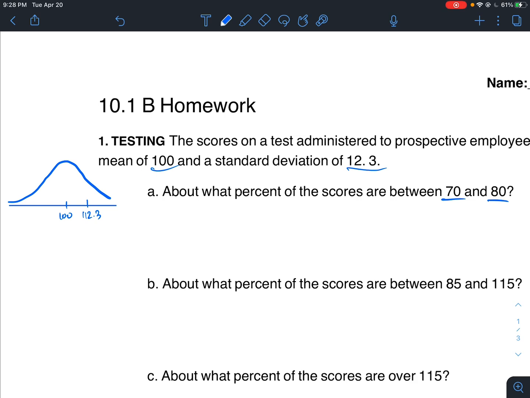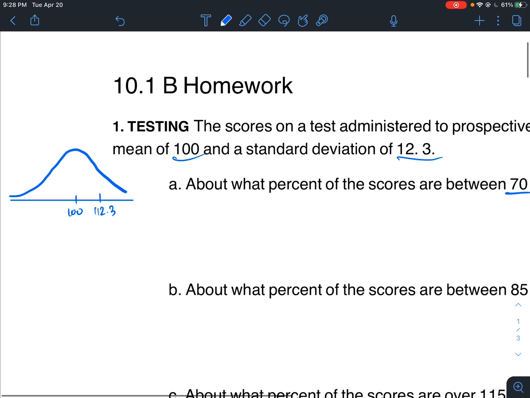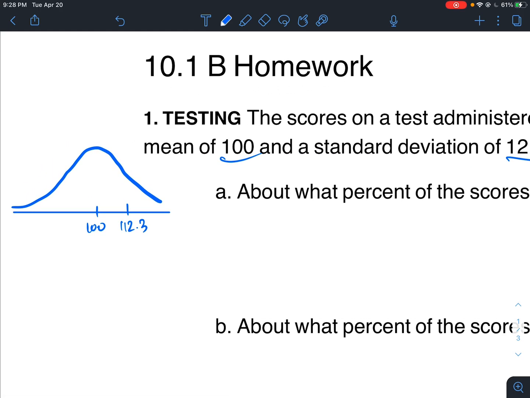Okay, so that means we have to standardize it. We have to transform it. Okay, so 70 and 80 are going to be somewhere over here. We'll call this 70. We'll call this 80. Again, we don't know how many standard deviations away from the mean that these are exactly. So we have to find out how far away these are from the mean.